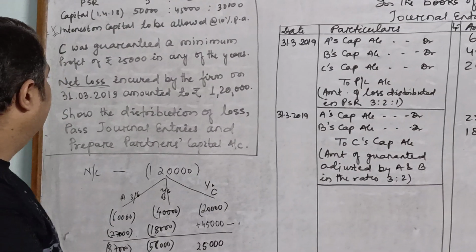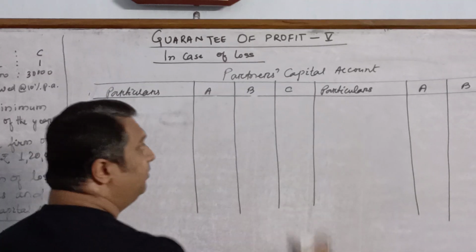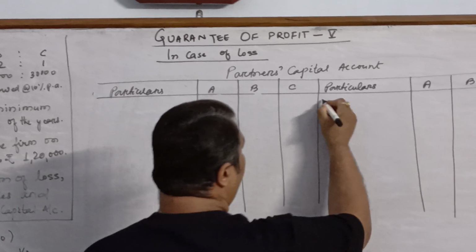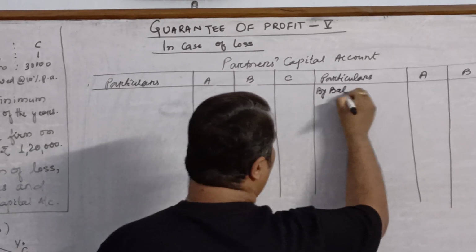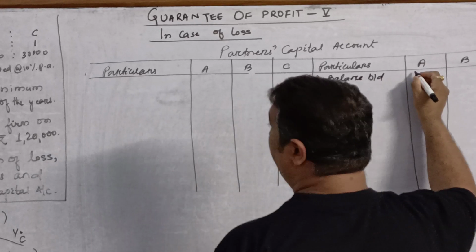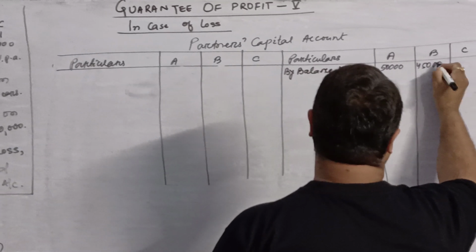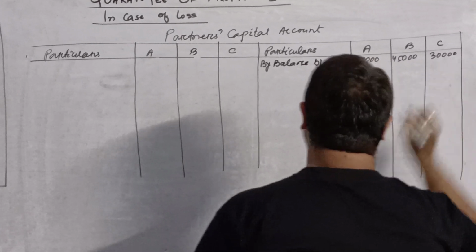Now we will see the same with the help of the partners' capital account. In this partners' capital account, first of all we will transfer the opening balance of capital. A's opening balance was rupees 50,000, B's 45,000, C's 30,000.